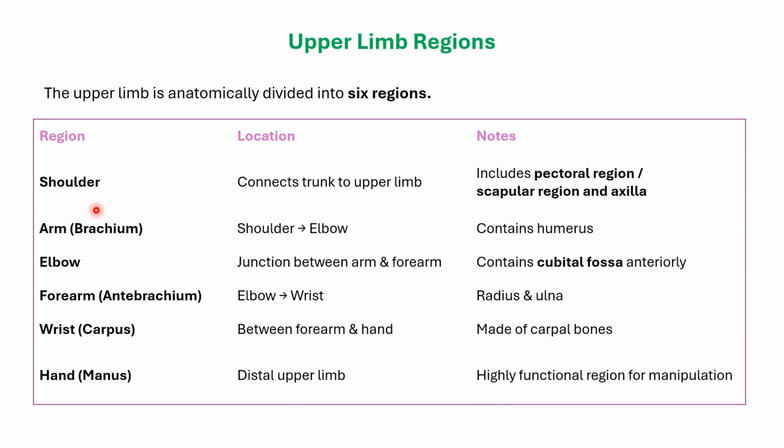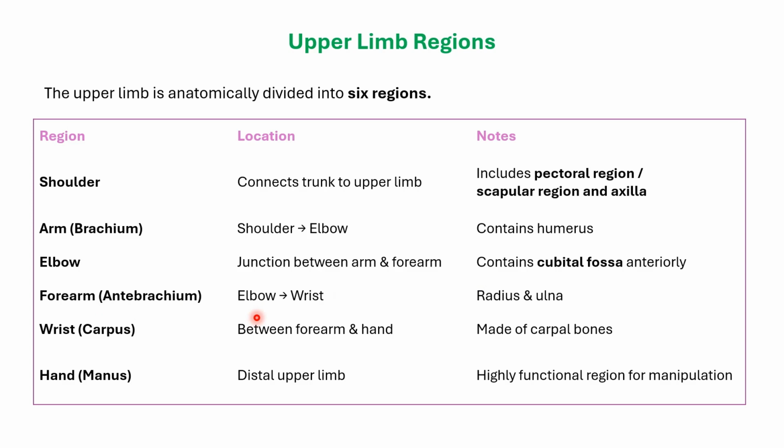Okay, now we expand them. The shoulder connects the trunk to the upper limb, and the shoulder region includes 3 regions: pectoral region, scapular region and axilla. The arm extends from shoulder to elbow and contains the humerus. The elbow is the junction between arm and forearm and contains the cubital fossa anteriorly.